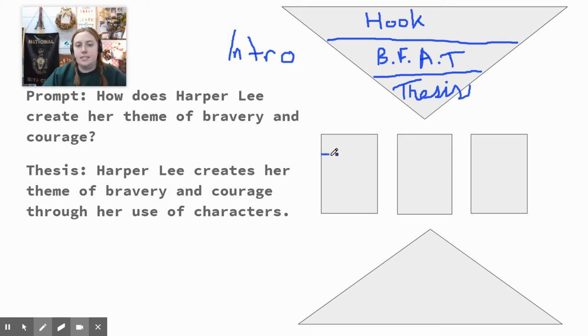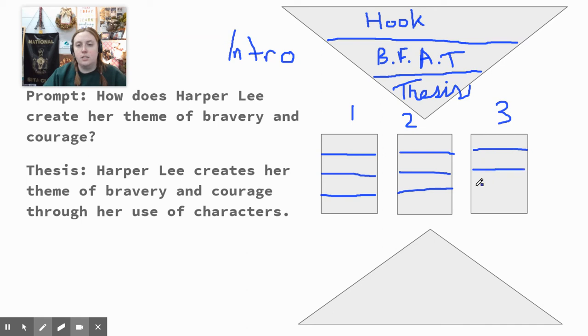Now these all represent the 3 body paragraphs. Okay, so this is body paragraph number 1, body paragraph number 2, body paragraph number 3, and they all have the 4 sections within them. I'm going to divide them all out and then just reiterate what they stand for.